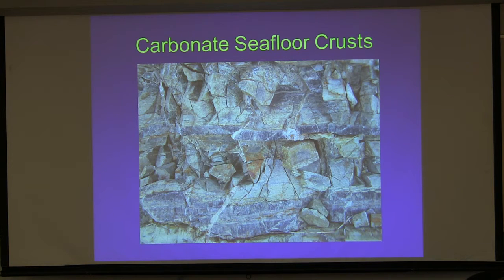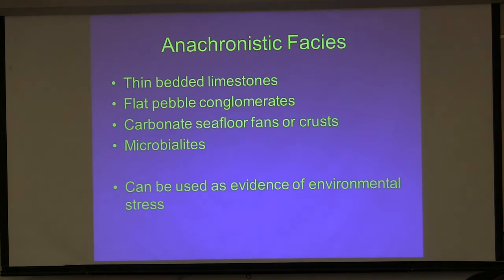The calcium carbonate precipitates out into, in this case, vertical crystals and sometimes fan-shaped crystal formations. So the black layers here are the carbonate crusts. The anachronistic facies can be used as evidence of environmental stress.